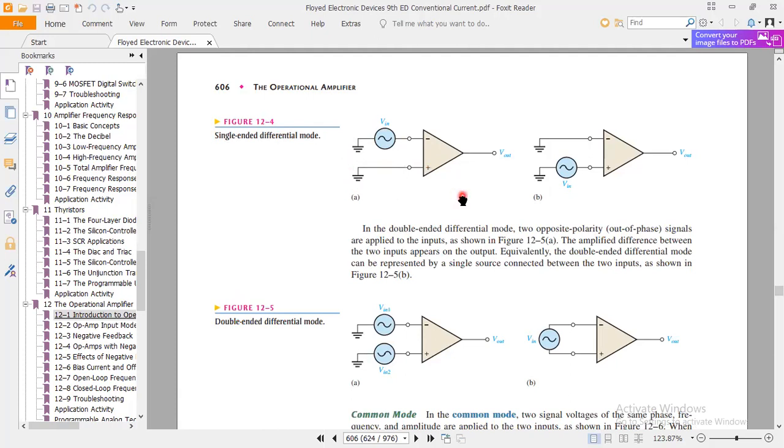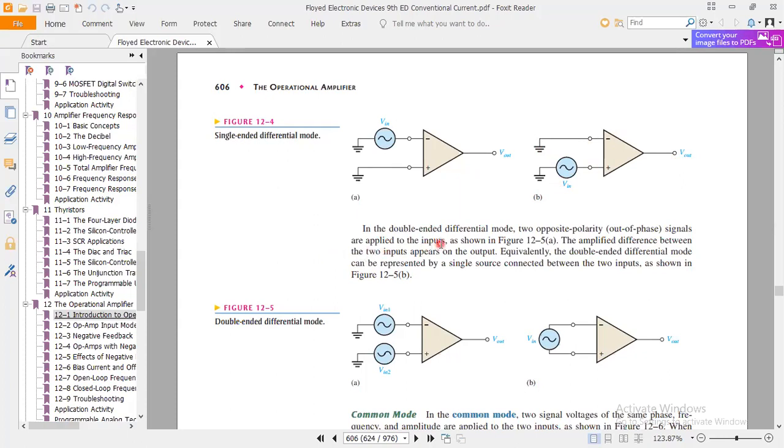As you can see in figure 12-4a, we use the negative inverting input of an op-amp and get the output this way, so we have to ground the positive side of the op-amp directly. Similarly, if we want to use the positive side of the op-amp, then we have to ground the inverting input directly and get the output from this input. Hopefully this concept has been clear to you.